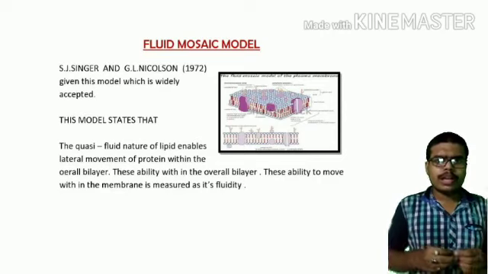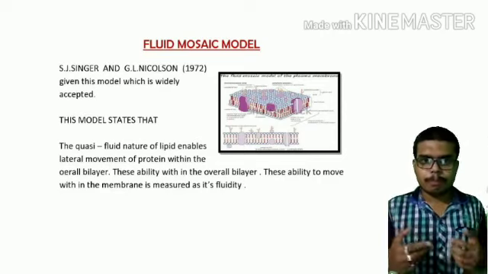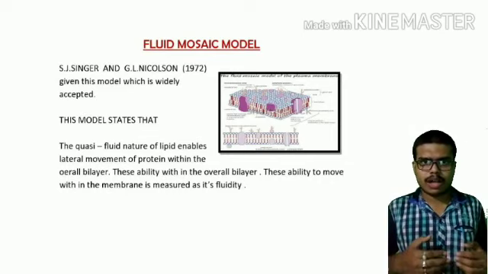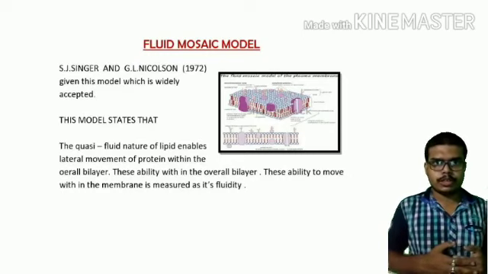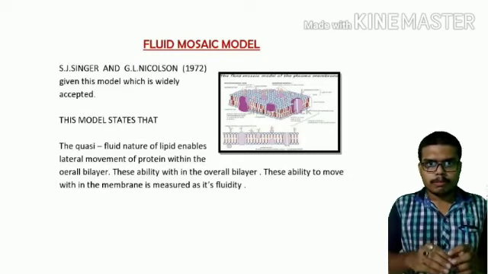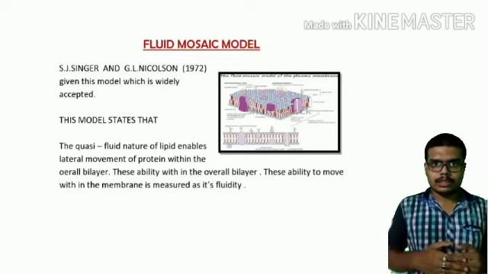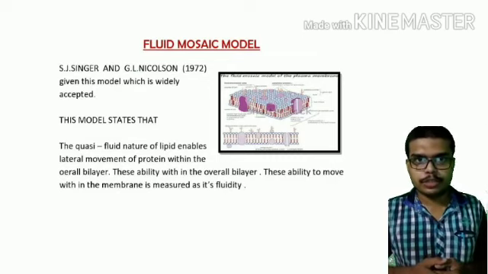In the book, you will get so many informations about this model, but I will give you brief information about this model. This model states that the quasi-fluid nature of lipid enables the lateral movement of protein within the bilayer, and this ability of the overall bilayer to move within the membrane is measured as its fluidity.